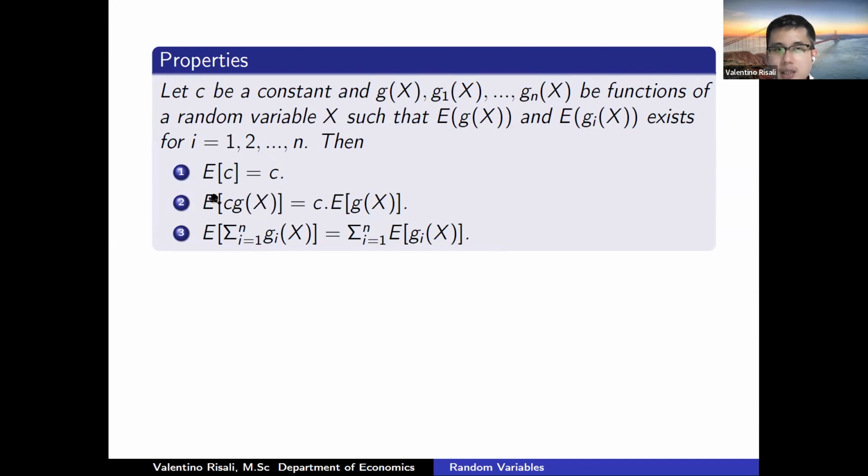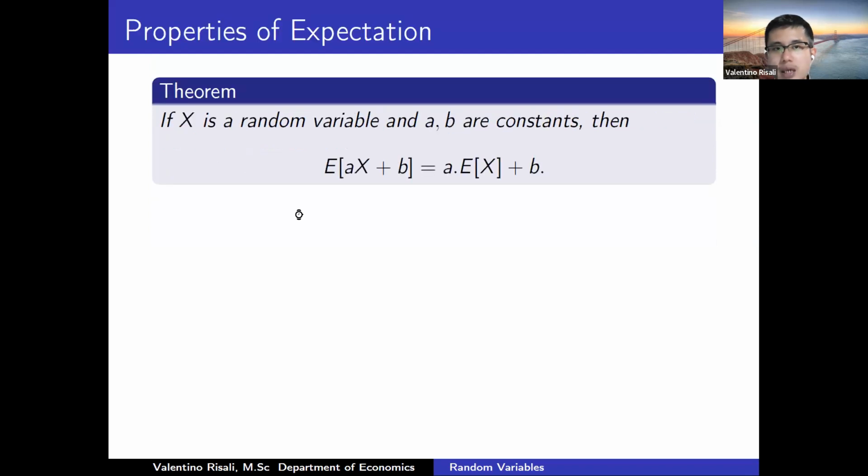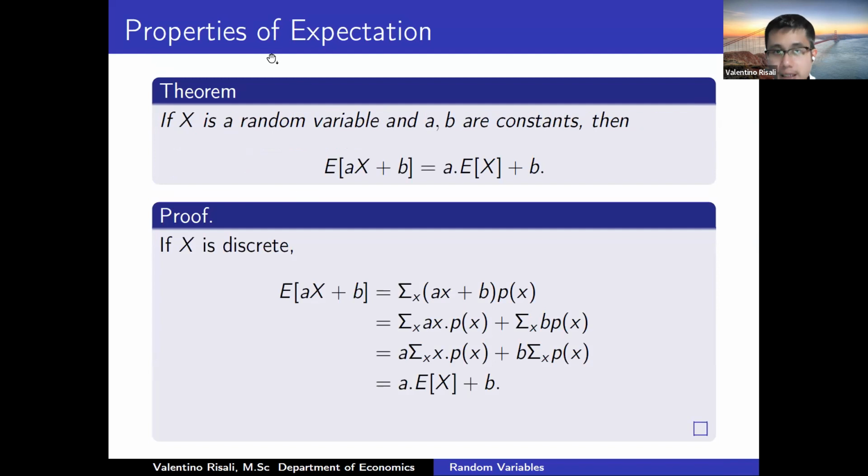Number two, the expectation of c times g(x) is equal to c times the expectation of g(x). Then if we have a sigma, we can spread it: the expectation of the sum is equal to the sum of the expectations. And with this property, we can prove this special case of the function g(x), that is g(x) equal to ax plus b.